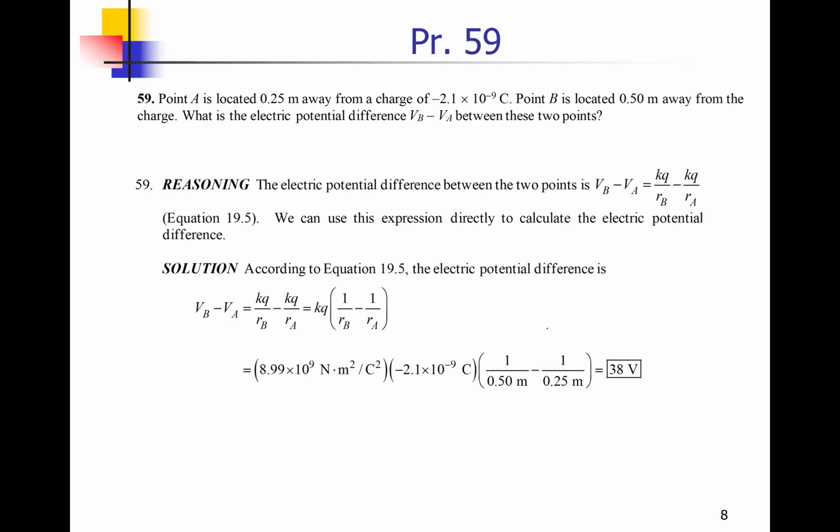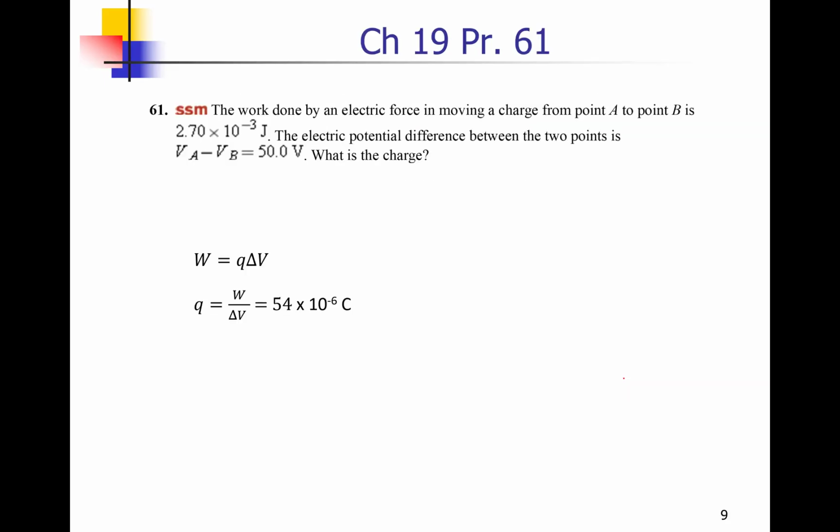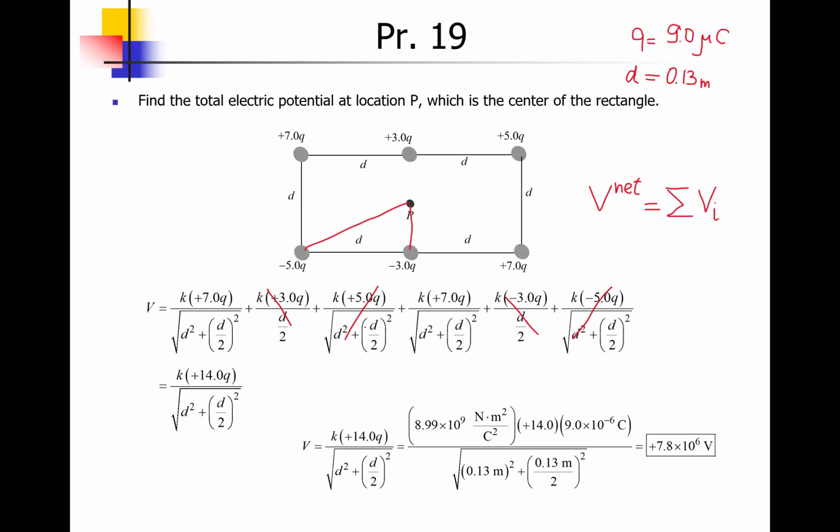And if you want to calculate the potential difference for a point charge, it's KQ over R. You just do KQ times 1 over R, and you are going to get 38 volts. Also work will be equal to Q times delta V, so you have the work and you can calculate your Q.